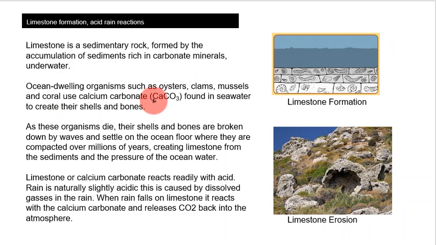This calcium carbonate is taken in by these organisms, and they use it to make their shells and bones. Then, as these organisms die, their shells and bones are broken down by waves, and they settle on the ocean floor, where they are compacted over millions of years. This compaction creates what's called limestone, from the sediments and the pressure of the ocean water.